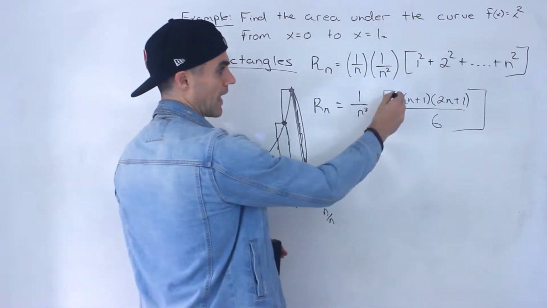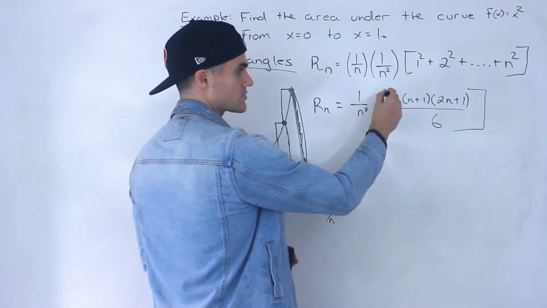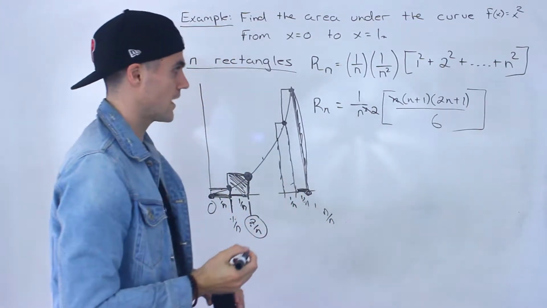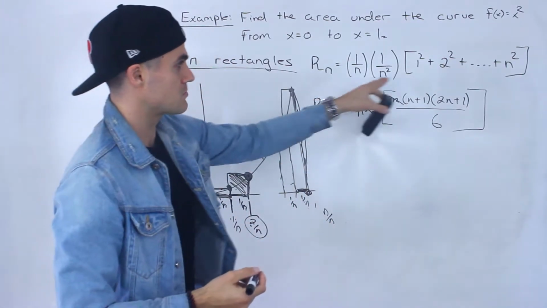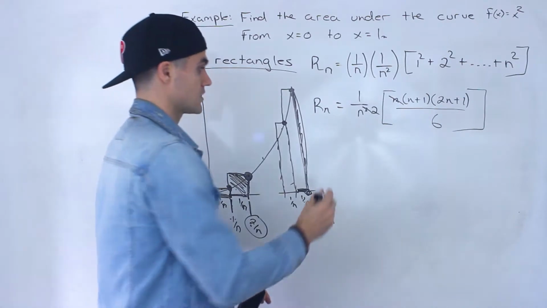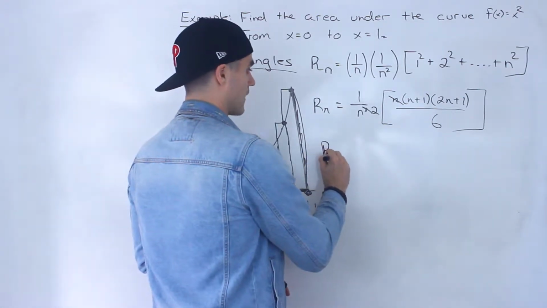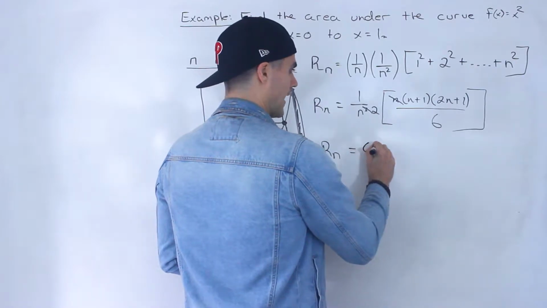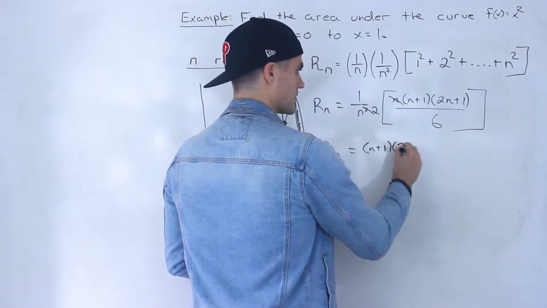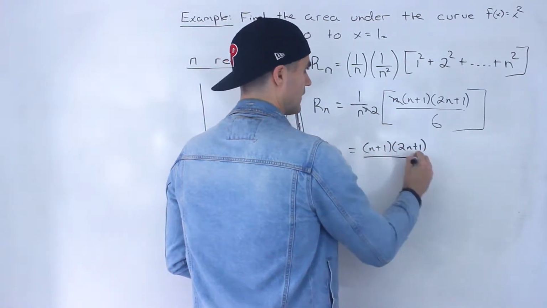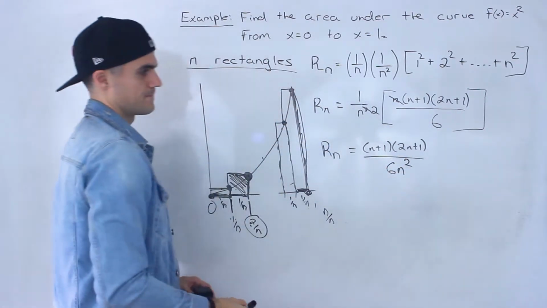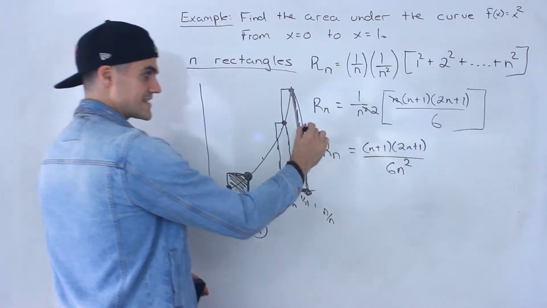So notice that we have an n up here and 3 n's down here, so this would cancel out with this. We'd be left with 2 n's at the bottom. Then we could just multiply the numerators and the denominators. So basically, Rn would end up equaling n plus 1 times 2n plus 1, and then we'll have 6 times n squared, like that.